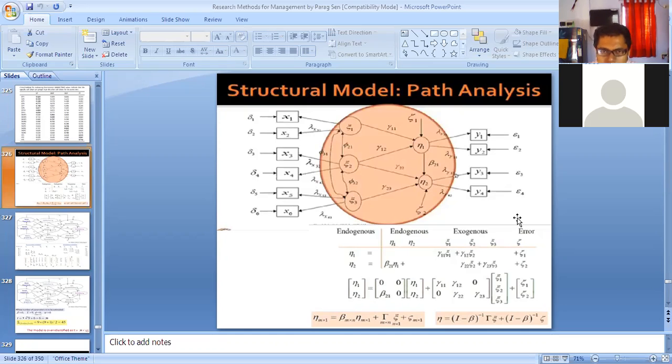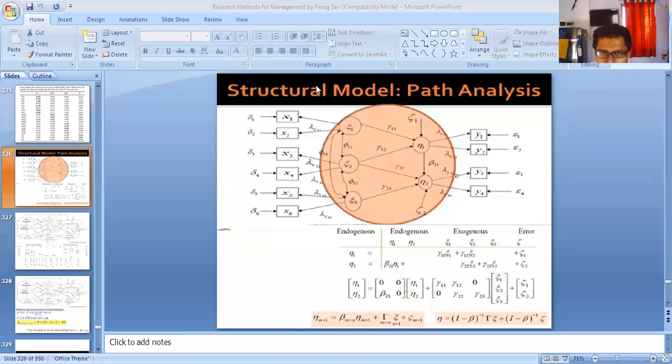So this was the example that we gave earlier. We told that these are the independent variables, these are the dependent variables. These are known as exogenous variables, these are known as endogenous variables.